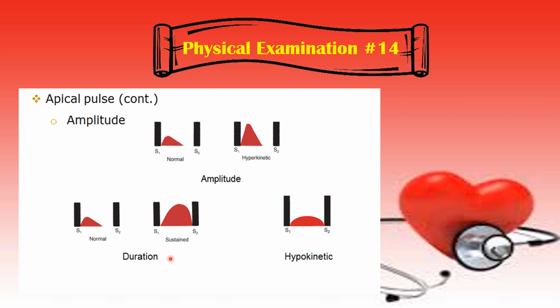Then estimate the proportion of systole occupied by the apical impulse. Normally, it lasts through the first two-thirds of systole and often less, but does not continue to the second heart sound. A sustained low amplitude, or hypokinetic impulse, may result from dilated cardiomyopathy.